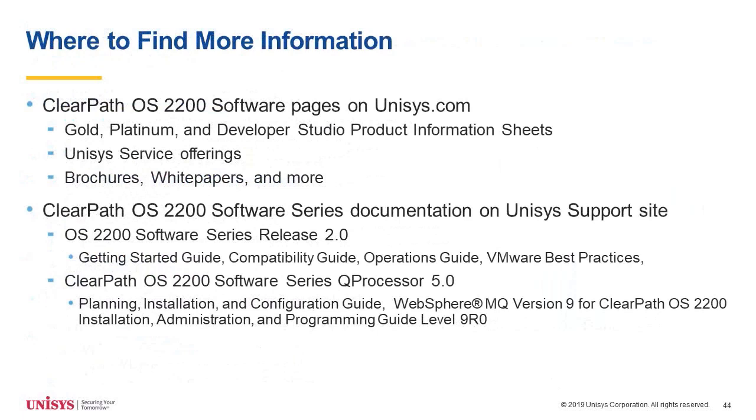Again, that's a lot of information that we've given you here today. You will find that as of today, there's a lot of good detail available on unisys.com. OS 2200 software series is part of the OS 2200 software string inside unisys.com, but there you'll find specific pages for the Gold, Platinum, and Developer Studio products, each with their own product information sheets. You'll find additional brochures and white papers for security and other information.